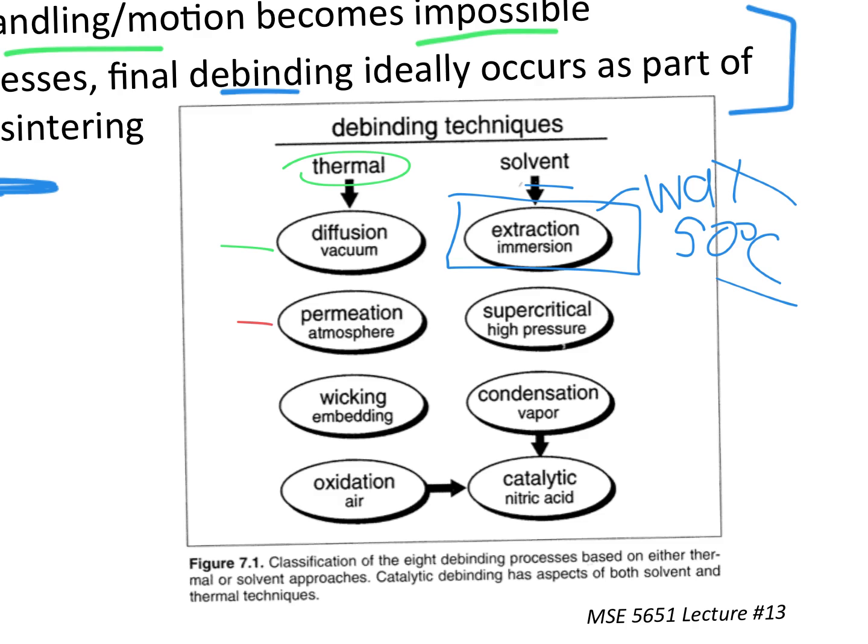We think about permeation atmospheres, what can go in and remove these binders. Supercritical high pressure involves CO2. All right, and so CO2, I mentioned this once or twice before, especially at high pressures like 40 degrees C and 80 bar, I think, or 80, is it 80 pascals? No, 80 psi. Anyway, so it's moderate temperatures and pressures. CO2 forms a supercritical liquid, and that liquid can dissolve pretty much any organic you can think of.